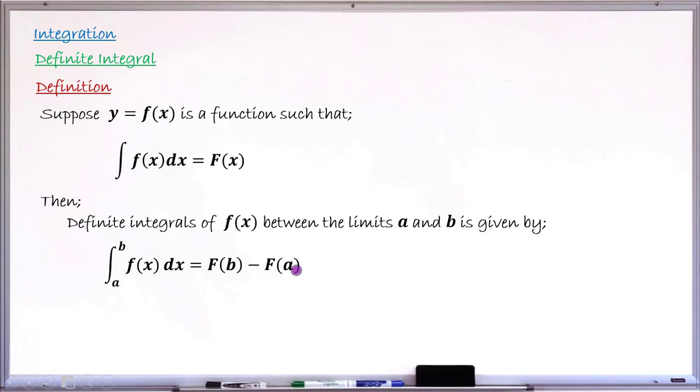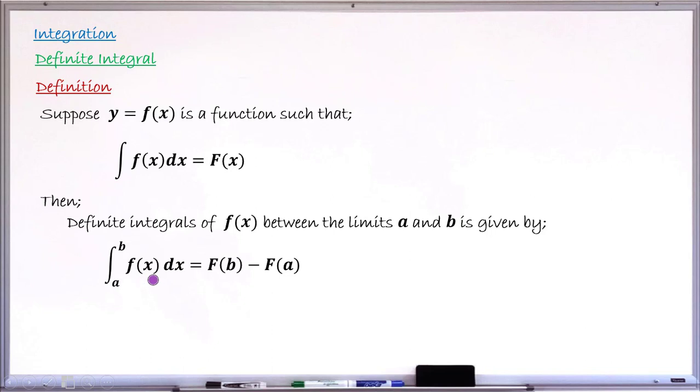When you subtract the two values, replacing x by the lower limit and by the higher limit, what you have is the definite integral of that function between a and b. We are going to take examples of how we can find the definite integral of some functions.